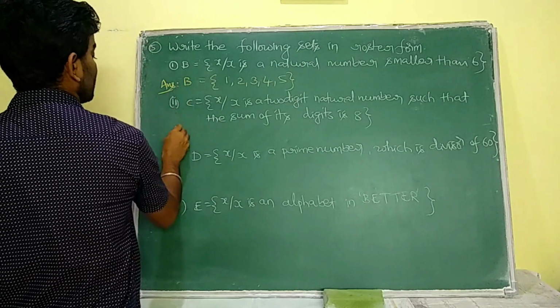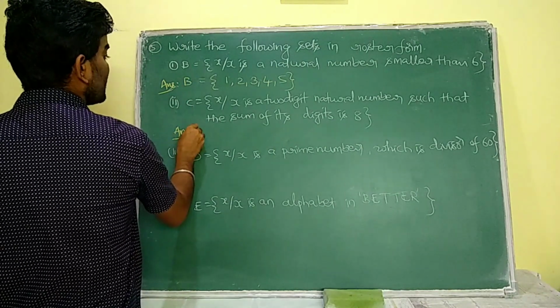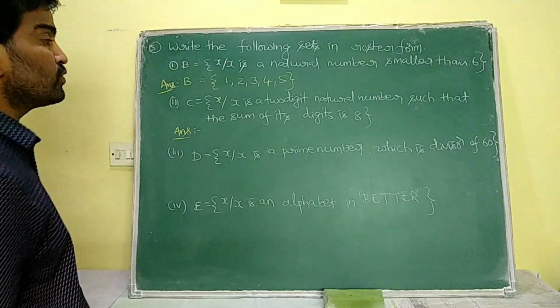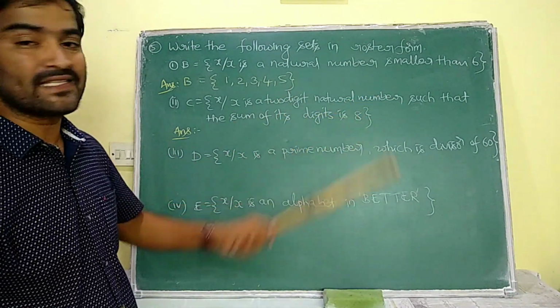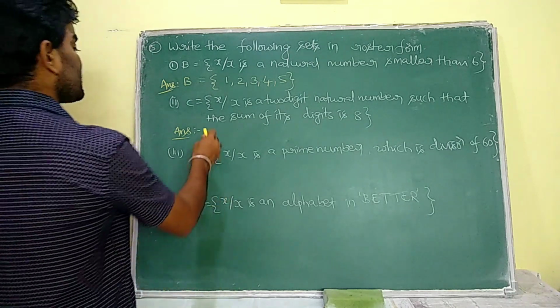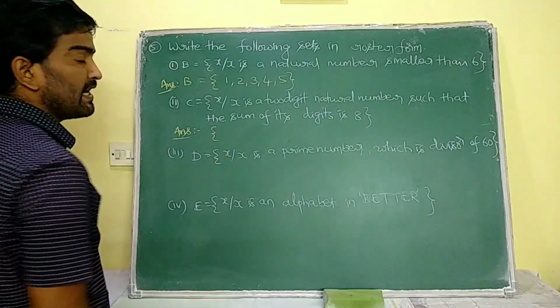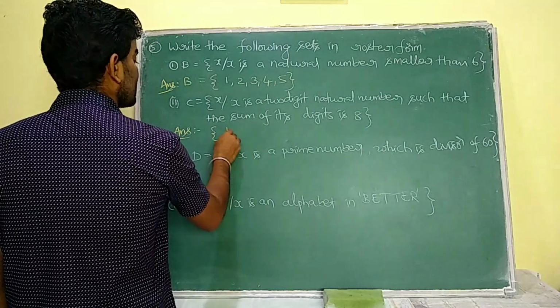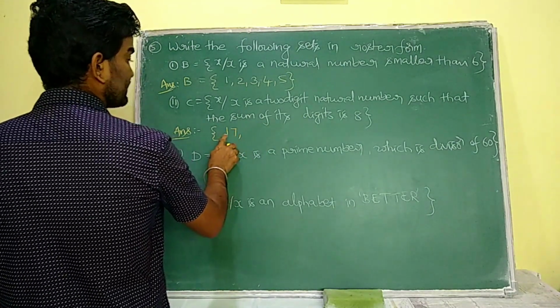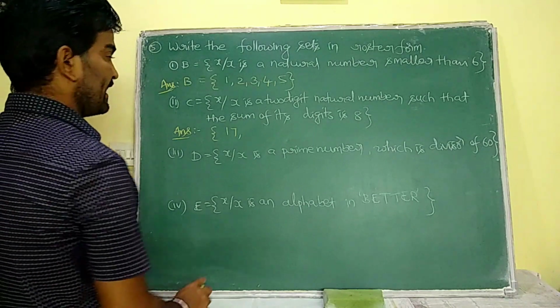Next. He gave that x is a 2-digit natural number such that the sum of its digits is 8. The sum of the digits must be 8 and that must be a 2-digit number. So simply I will start with 17. The sum of these 2 digits is 8.